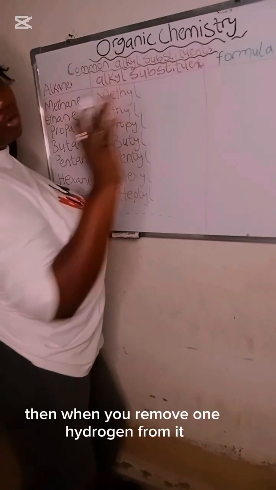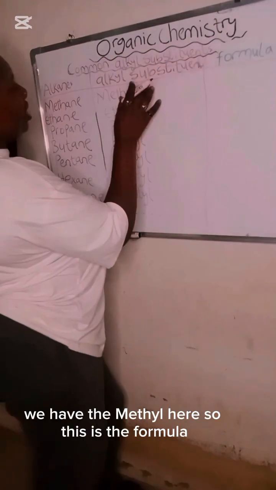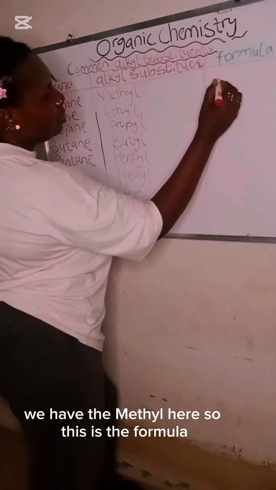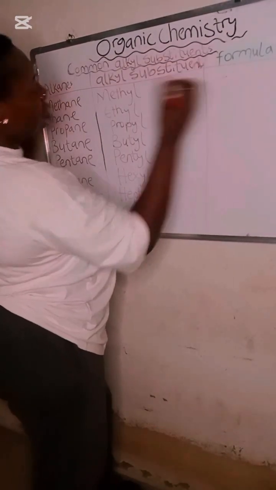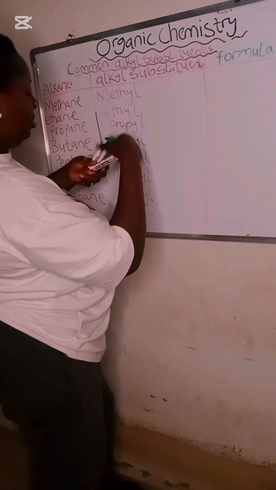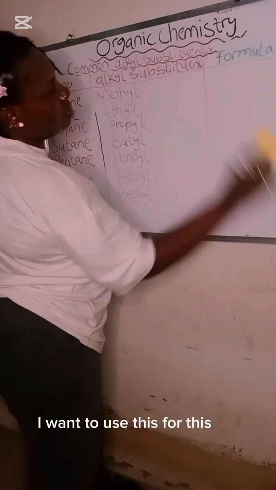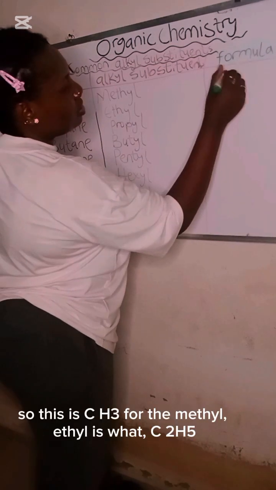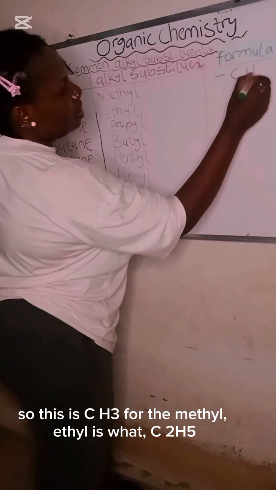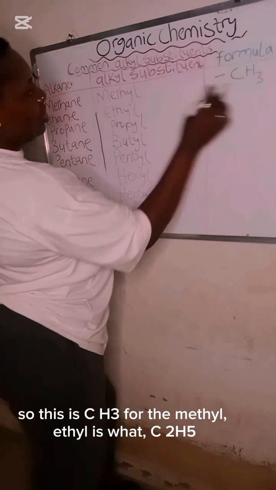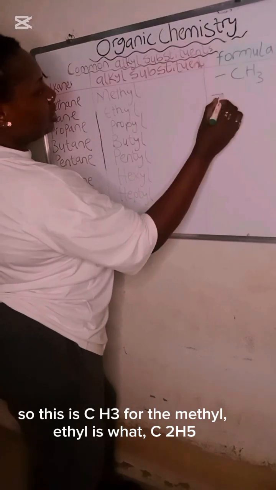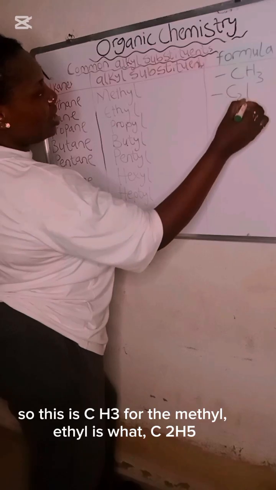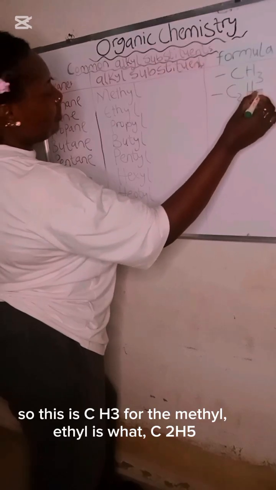Then when you remove one hydrogen from it, we have the methyl here. So this is the formula. Sorry about that. Let's use this for this. So this is CH3 for the methyl. Ethyl is what? C2H5.